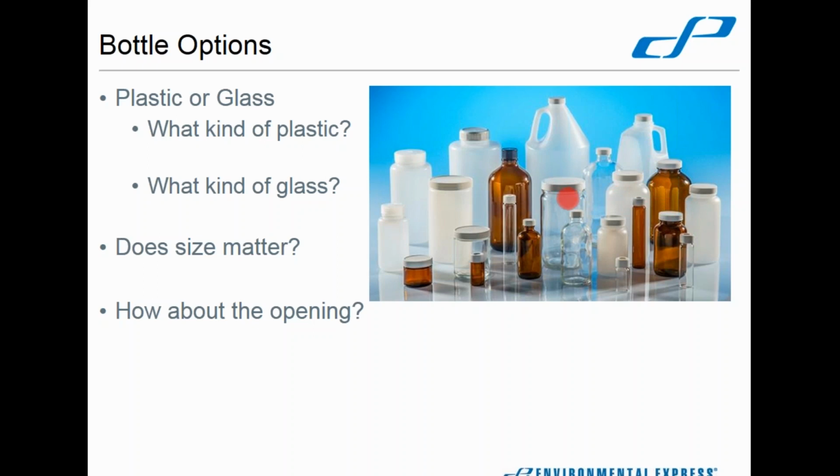This larger wide mouth bottle is usually preferred by the field people because wide mouth bottles are really easy to get sample into. You don't spill nearly as much. It's a lot easier to pour into what you're using, and just an easier thing to handle.